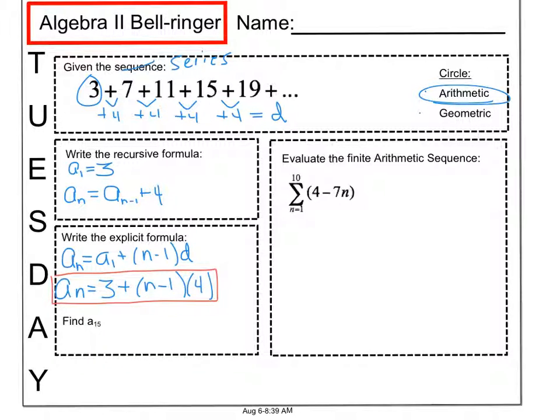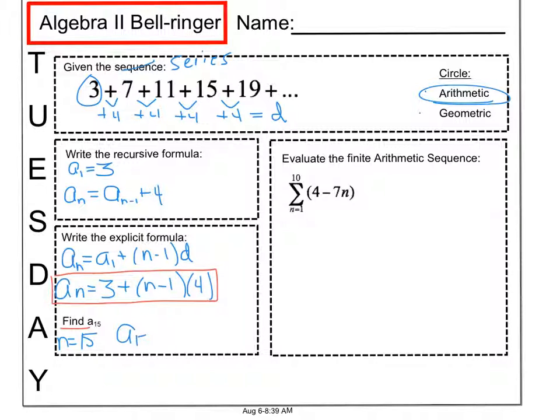And we just leave n as n because that is a formula that can be used to find any term that we're looking for. So to follow up that question, they ask us to find a_15, which means the 15th term in that pattern, which means we are going to be substituting 15 for n. And we're going to be using that explicit formula.